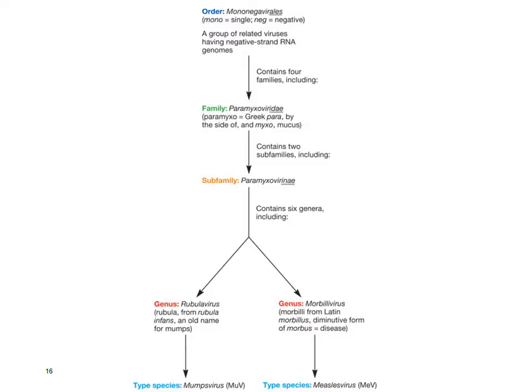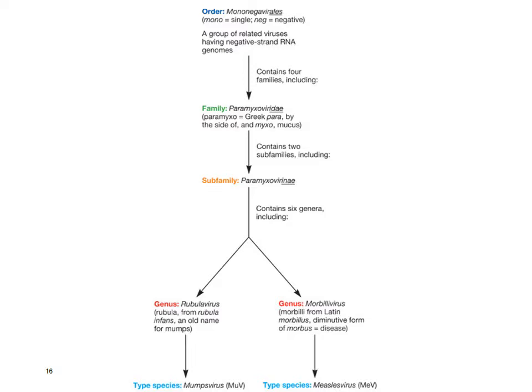Paramyxoviridae means by the side of, and mucus. This family contains 2 subfamilies, and virus subfamily names always end in virinae. Paramyxovirinae contains 6 genera, including the 2 shown here, genus Rubulivirus and genus Morbillivirus.